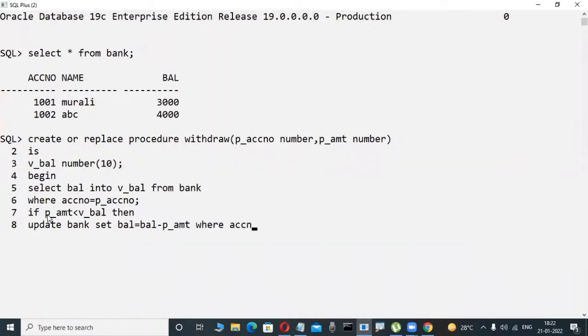Now check it out. I am writing a message, like in Java or .NET. I try to display a message: Your transaction is successful. Don't worry about this, just observe. Else, simple coding: insufficient funds. Okay, some coding is there.